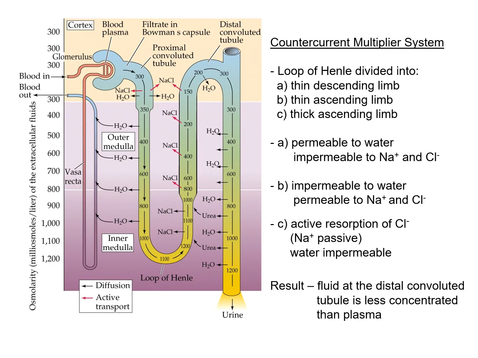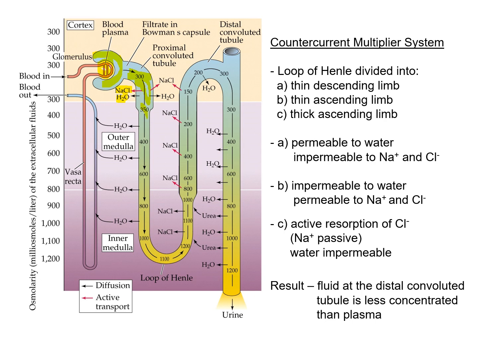So again, what you have is filtration occurring from the glomerulus into the glomerular capsule, and at that point the osmolarity is the same as plasma osmolarity of 300 milliosmols. And then it moves down through the proximal convoluted tubule, and most water and sodium chloride is being reabsorbed here in the proximal convoluted tubule.